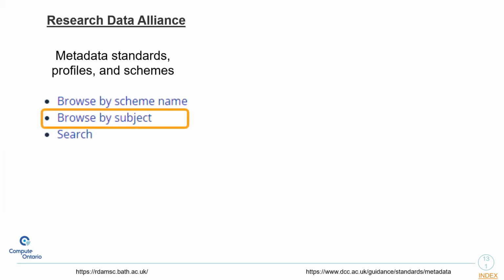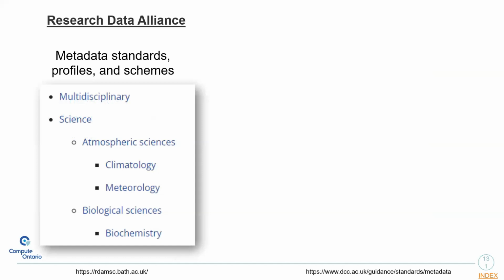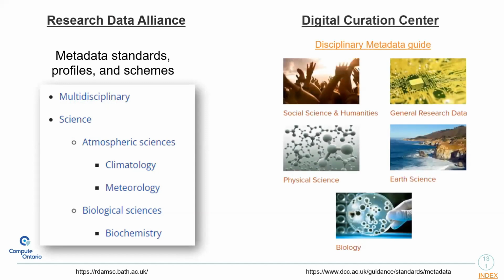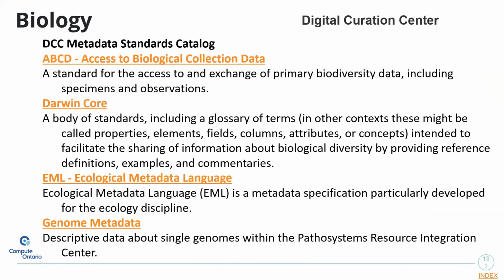In a very similar fashion, the Research Data Alliance has metadata standards organized by subject, and you can see a number of different subjects listed there. And the Digital Curation Centre as well has a number of metadata standards organized by subject. I've just flagged biology here because that's where I come from originally, and there are a number of metadata standards that one would use if you're in the biological sciences.